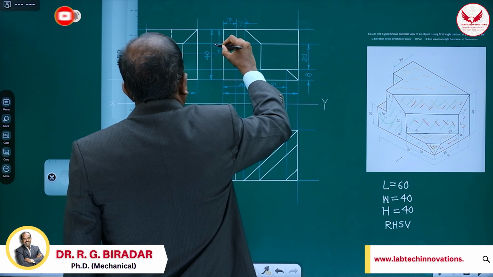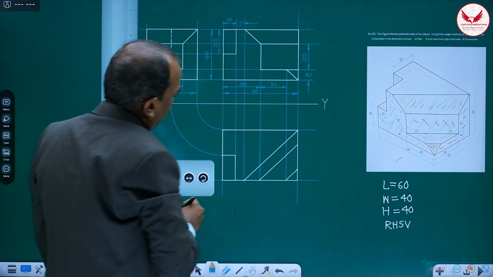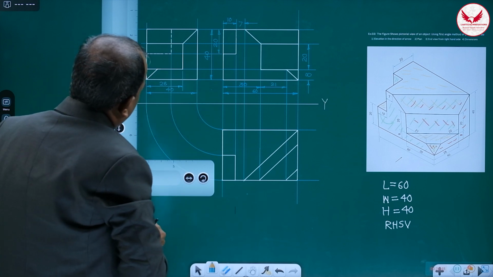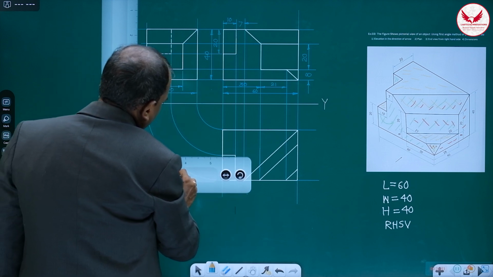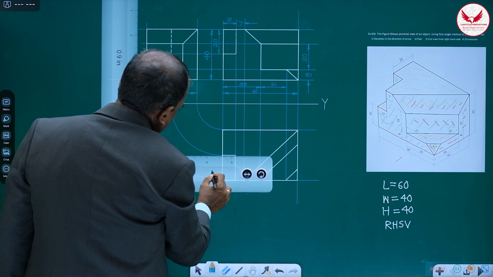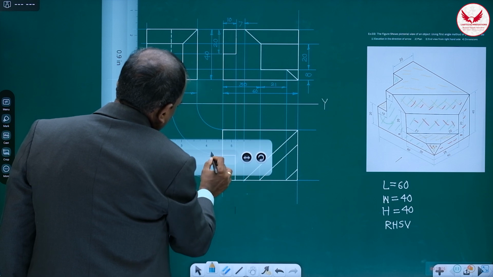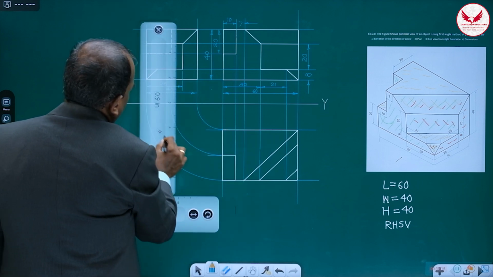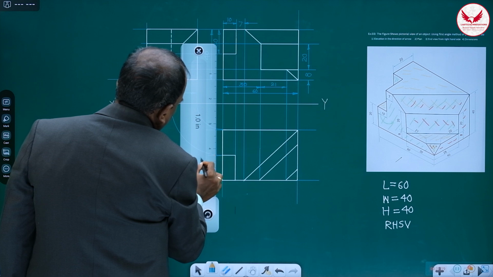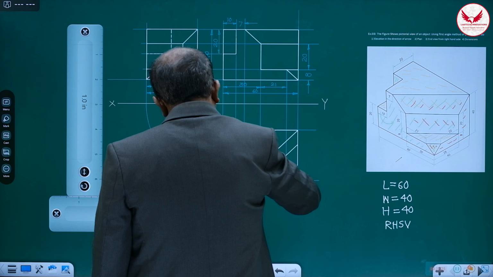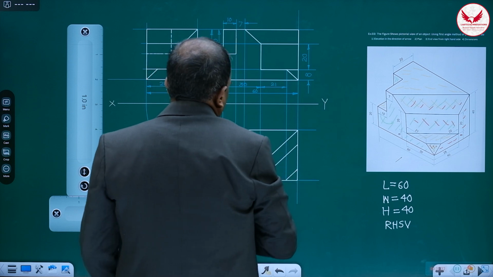It is also 20. 10 is over 20, 40, and observe carefully how I am giving the dimensions. It's a very important part of orthographic views. It is 20.